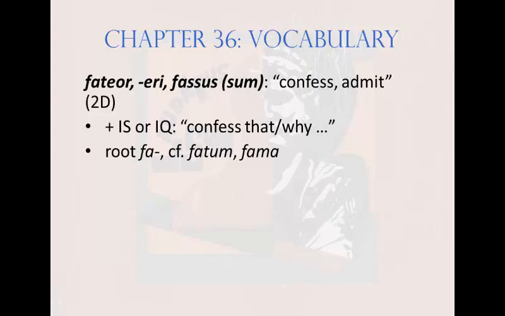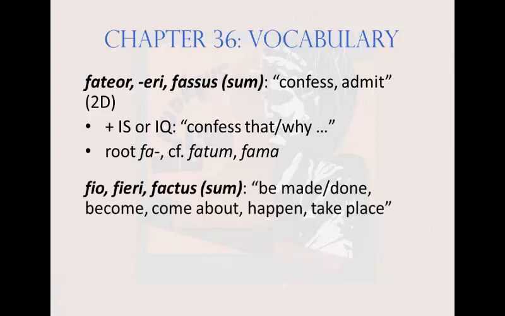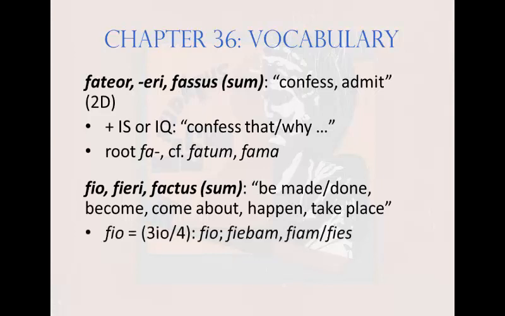Next is fio, fieri, factus sum, the verb we just discussed above. It means be made, be done, become, come about, happen, or take place. The majority of its forms suggests Romans thought of it as third io or fourth conjugation: fio, fiebam, fiam, and fies, the future.